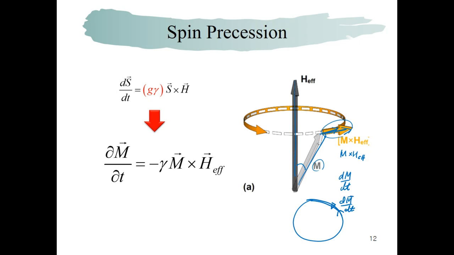Okay. And the cross product between this direction and this direction generates the torque. So the damping term generates this kind of torque.